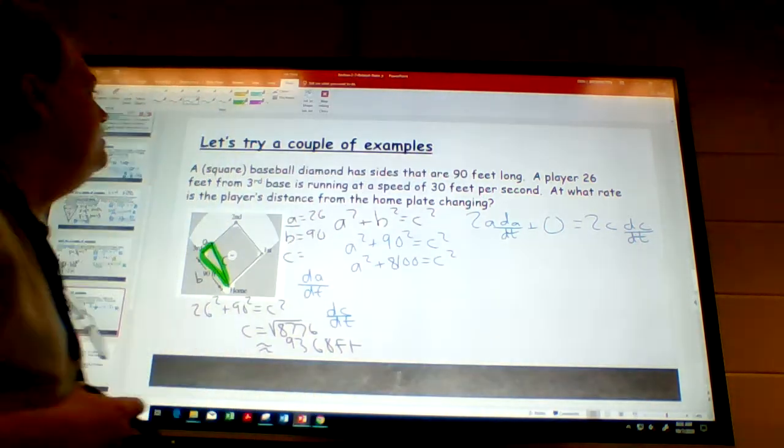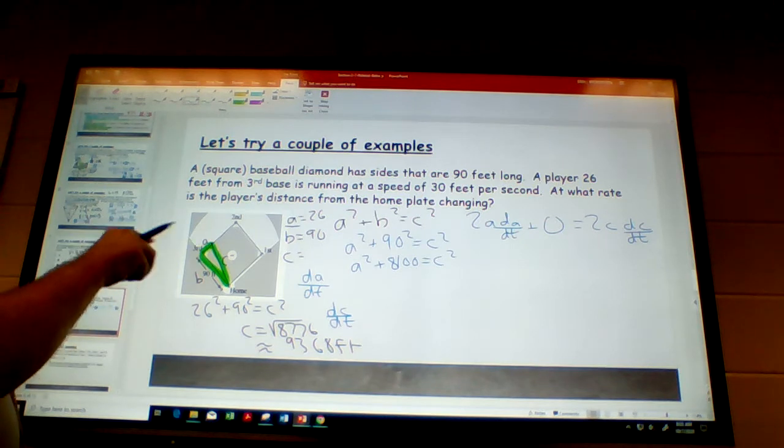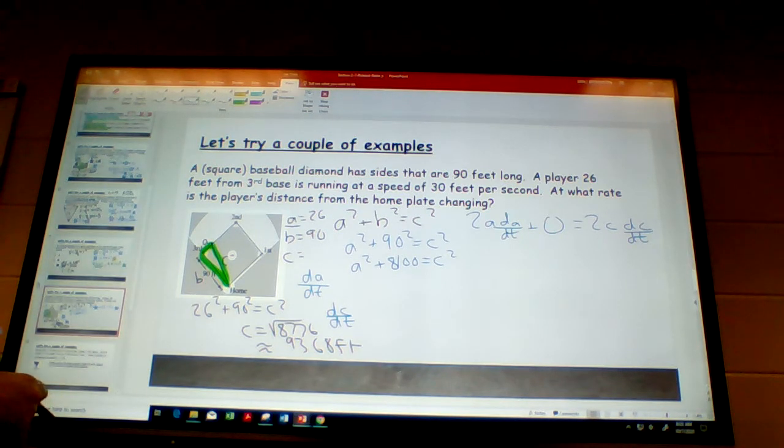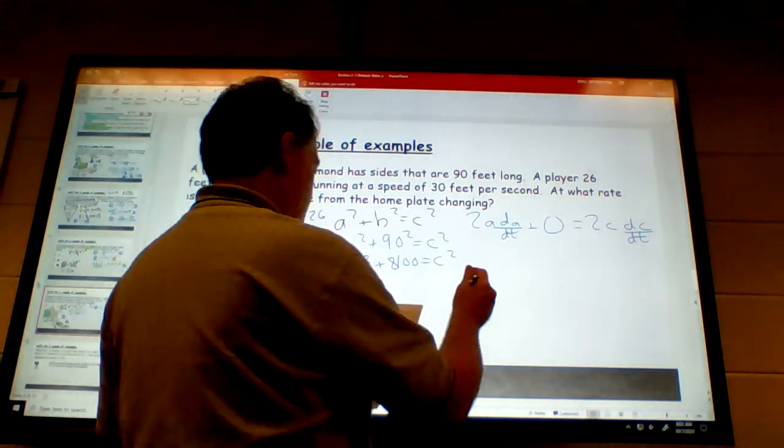All right, a player 26 feet from third base is running at a speed of 30 feet per second. So we know the following.